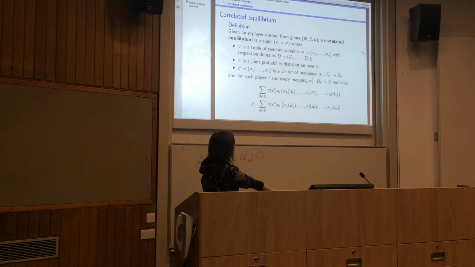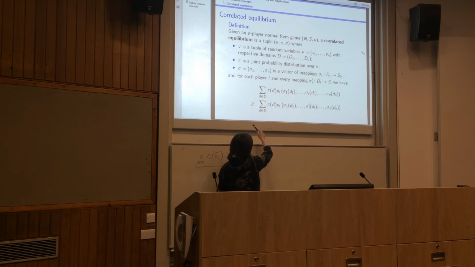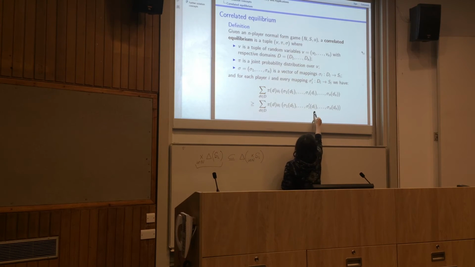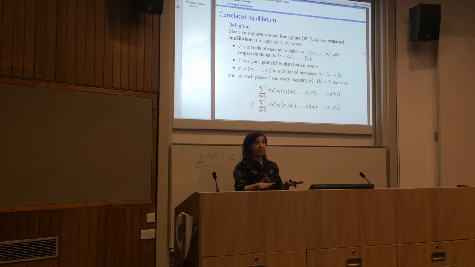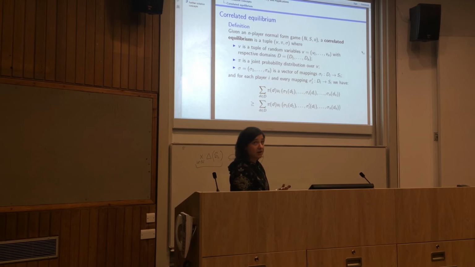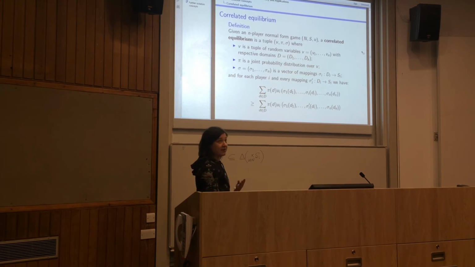So correlated strategy would be an equilibrium if the expected payoff that I get there is greater or equal than an expected payoff in any other mapping that I could take, given that the others do what they do. So the essence of an equilibrium is exactly the same.